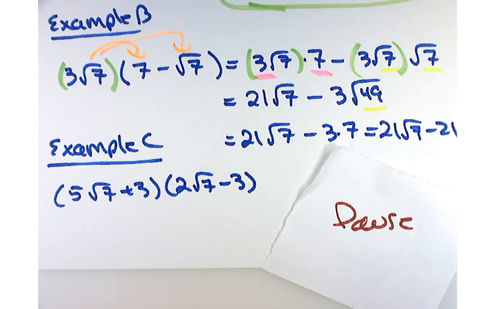Square root of 49 is 7. Square root of 7, so it should be 10 times 7. Minus 15 plus 6.